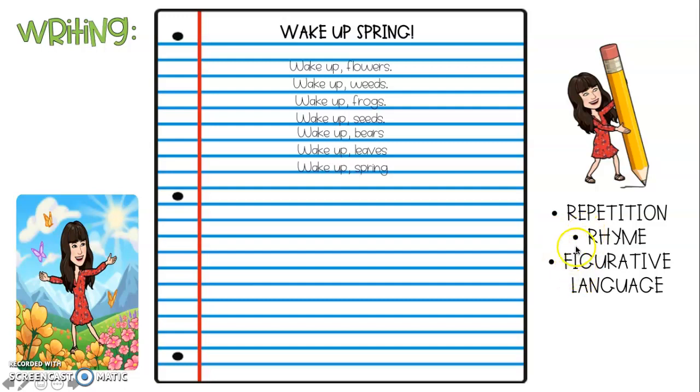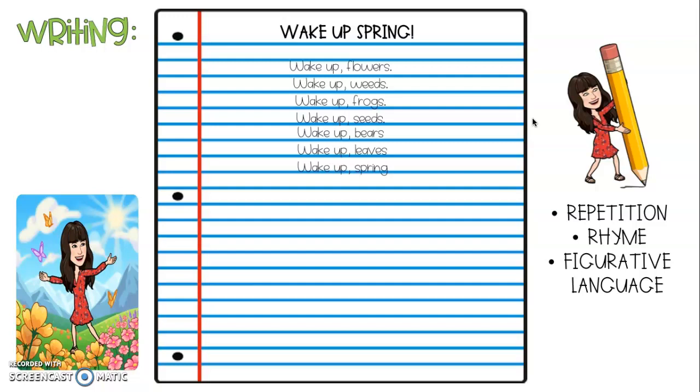And I also used figurative language, because remember, the flowers are not really waking up. Neither are the weeds, or the seeds, or the spring. I am comparing it to somebody waking up because in this spring, everything comes to life again, and that reminds me of somebody waking up.